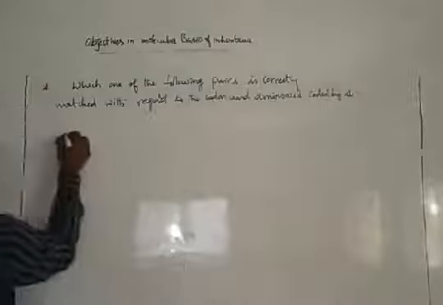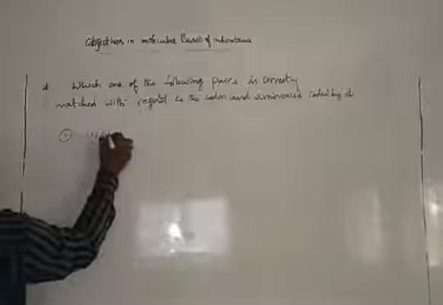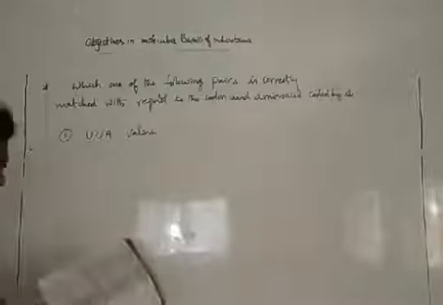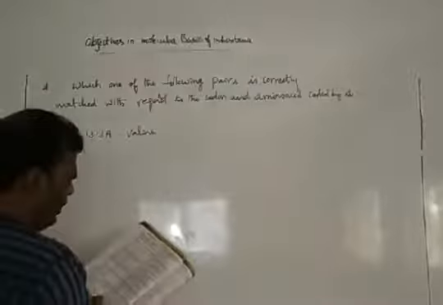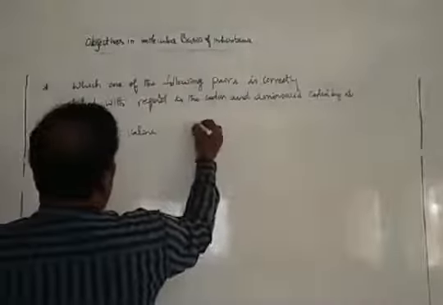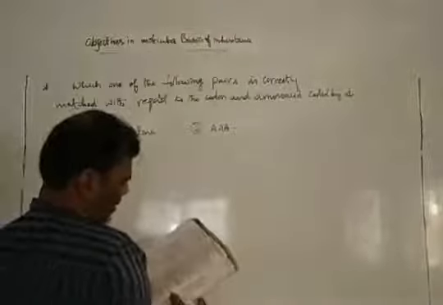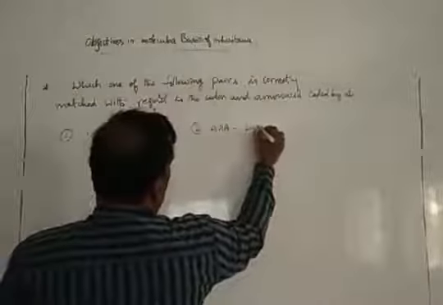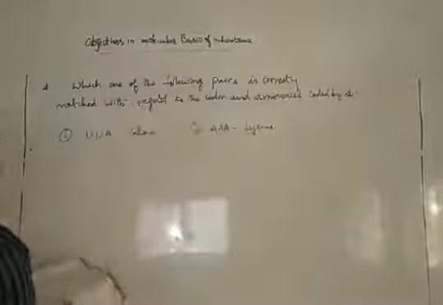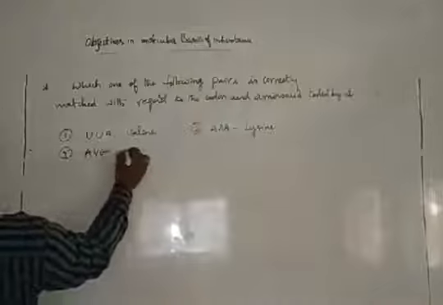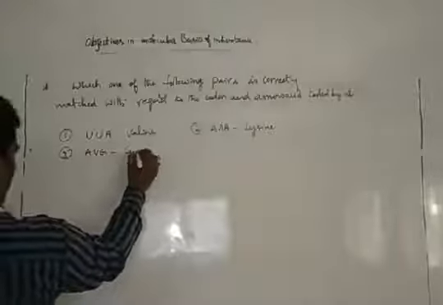So here the first option is UUA, valine. The second option is AAA, lysine. Third option, AUG is cysteine.